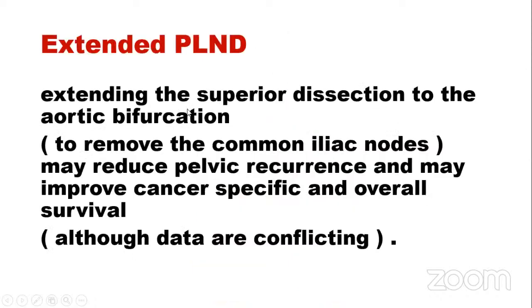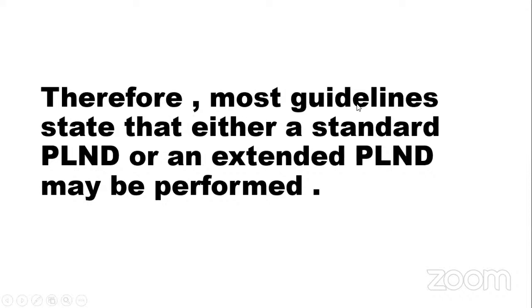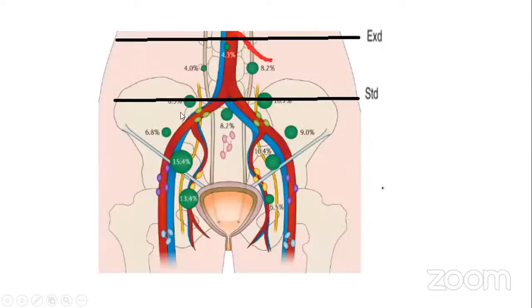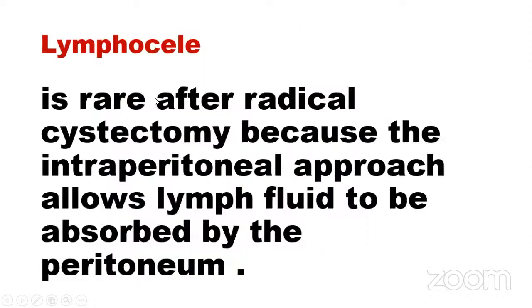Extended superior dissection to the aortic bifurcation removes the common iliac lymph nodes and may reduce pelvic recurrence and may improve cancer-specific and overall survival. However, data are conflicting. Therefore, the guideline states that standard or extended pelvic lymph node dissection may be performed. So this is standard, and this is extended up to the level of the inferior mesenteric artery.